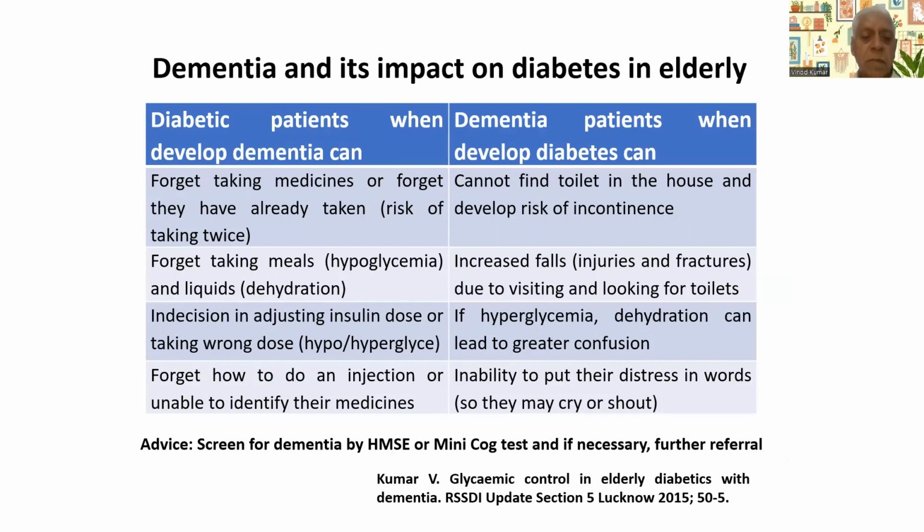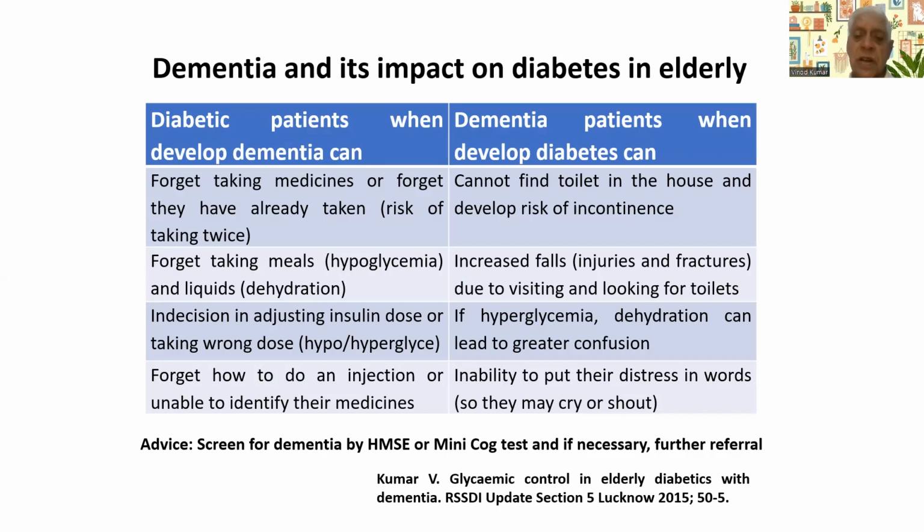He might forget taking meals leading to hypoglycemia, or he might forget taking liquids leading to dehydration. He might be undecided in adjusting the insulin dose and may consequently take a wrong dose leading to hypo or hyperglycemia. He may forget how to do an injection that he was able to do earlier, and he may be no longer able to identify his medicine.